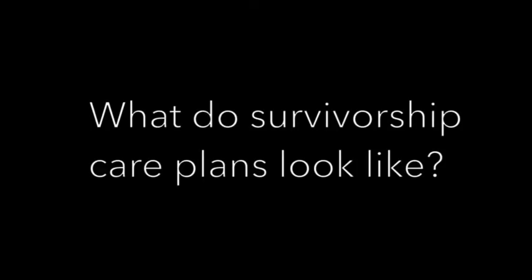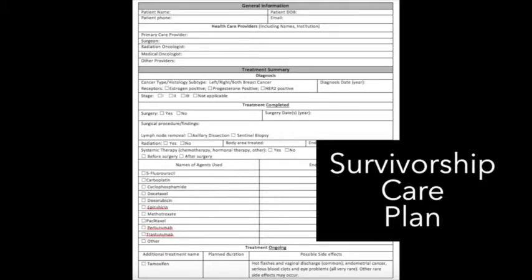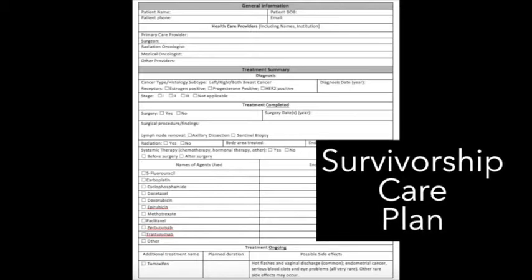This will be demonstrated later. Unfortunately, this mobile app is only available to iPhone users. The American Society of Clinical Oncology's survivorship care plan is slightly different from the American Cancer Society's survivorship care plan, which may also differ from the patient's cancer treatment center survivorship care plan.